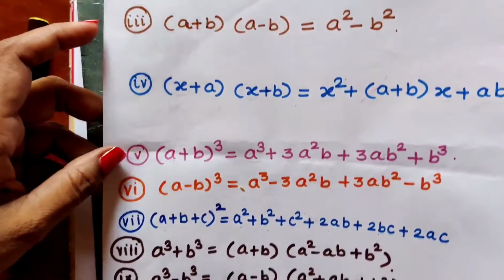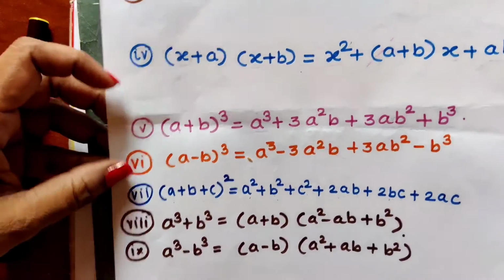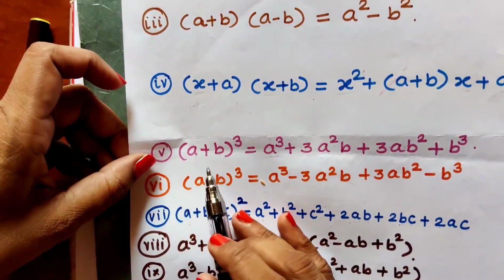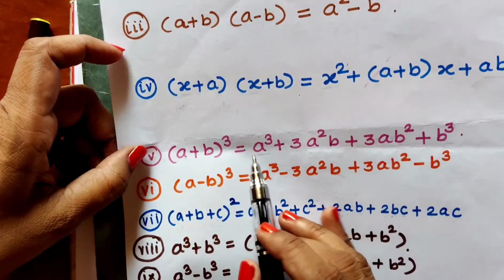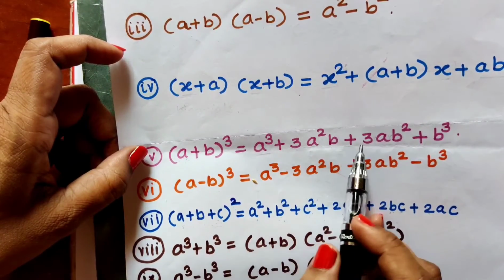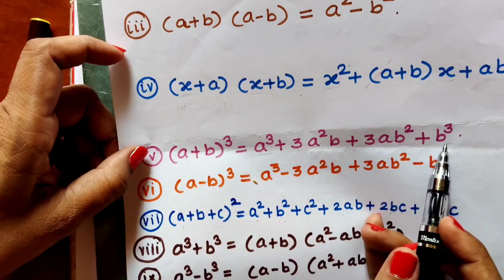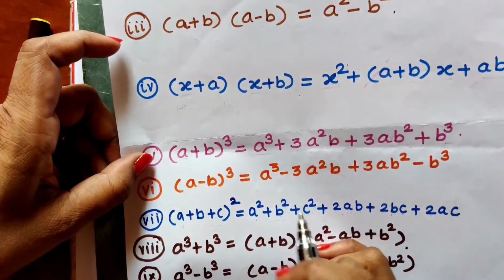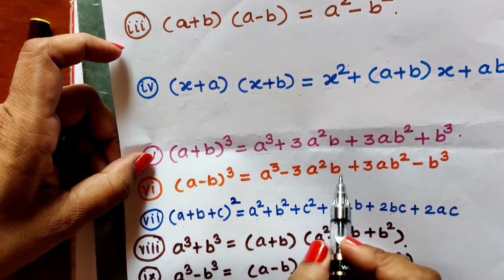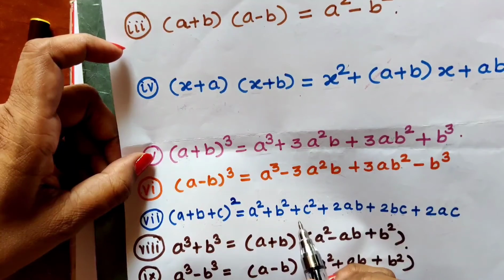So as whole cube is there, we will have to apply the formula which we have learnt in the previous chapter. A plus b whole cube is equal to a cube plus 3a square b plus 3ab square plus b cube. Correct? And for a minus b whole cube, we will have to apply the formula a cube minus 3a square b plus 3ab square minus b cube.